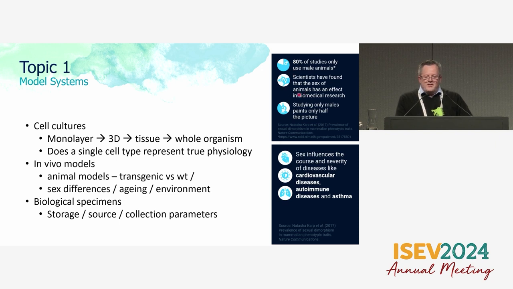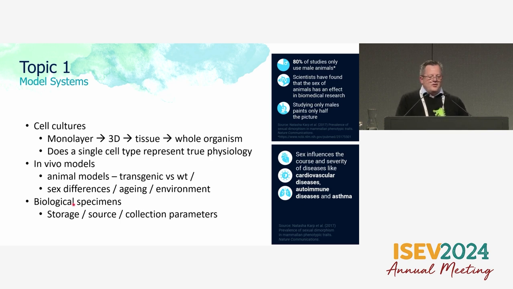And that the sex of animals has an effect in biomedical research, and sex influences the course and severity of diseases like cardiovascular disease, autoimmune disease, neurodegenerative diseases, and asthma. So this is why you need to consider with your model system, should I be looking at both sexes to really obtain the full biological readout for the experiment you're doing.